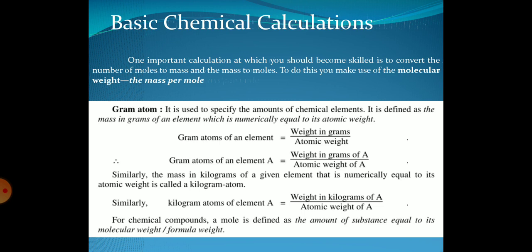All the reactions in chemical engineering are carried out on a mole basis, but the raw material available in the market is either on a weight or mass basis or on a volume basis. So it is important to know the specific relationship between the mole and the weight or volume.